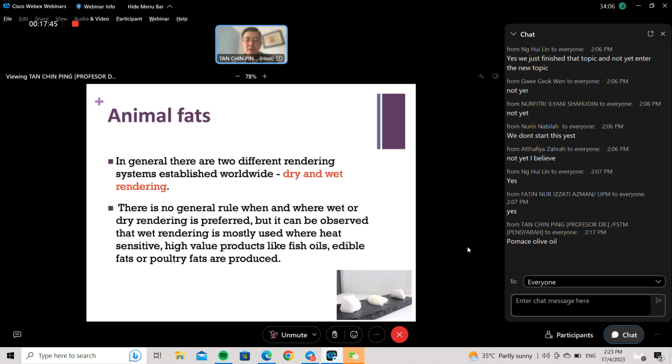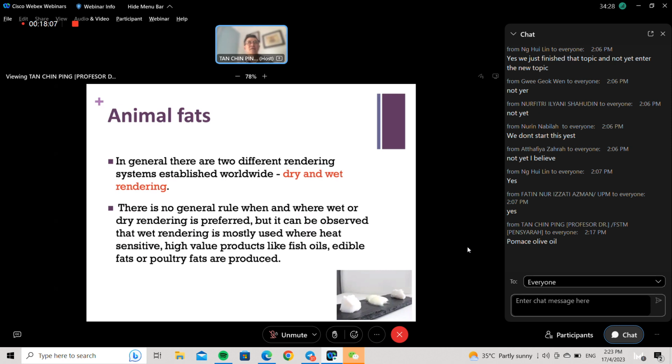But industry-wise, they are not going to use a hot pan or a fryer because the volume is too small for them. They are going to use machines for wet or dry rendering process. Both are acceptable.